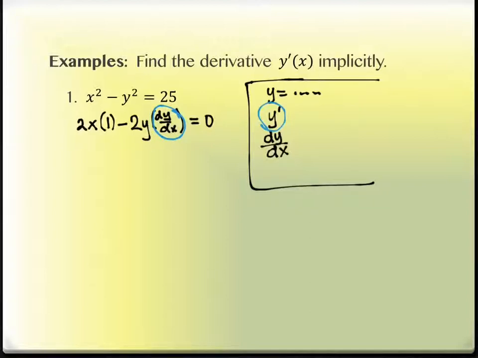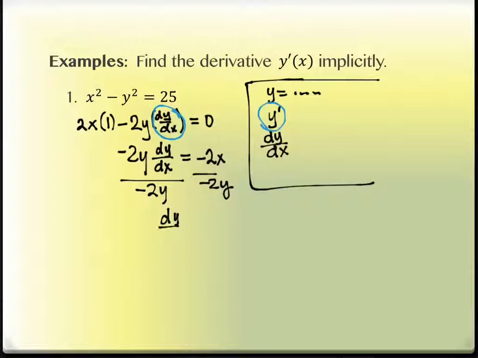So we can start that, no problem. We can move this so that I have 2y dy/dx on the left, and I have negative 2x on the right. That's no problem. And I can divide by the negative 2y. So I have dy/dx left on the left, and what's on the right?